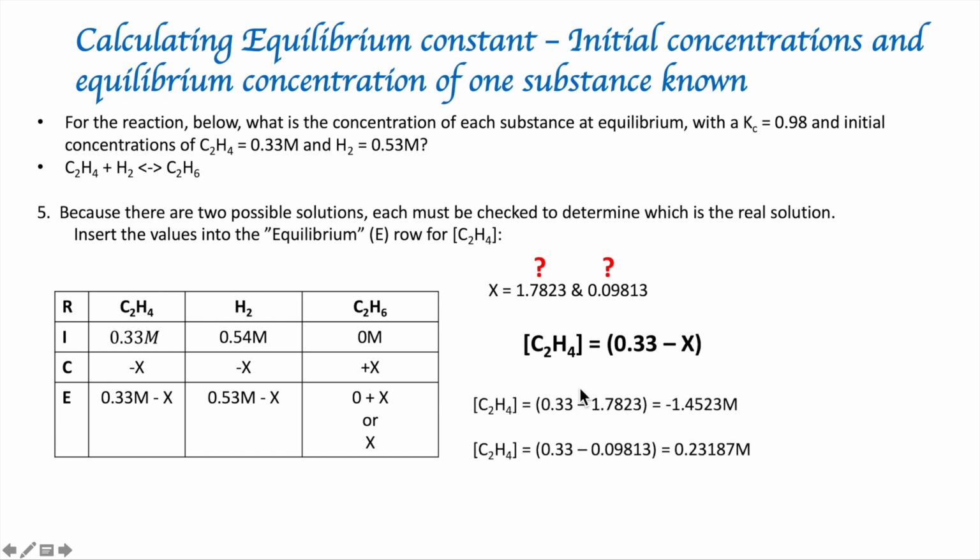So when you do that, I have 0.33 molar. If I try using this one here, I end up with this answer over here. Same thing with this one. I have 0.33 molar minus X, and if I try using X for this value right here, and when I subtract them, I end up with this value here. Now, if you notice, with this one here, I have a negative value, and to have a negative concentration really cannot happen here.